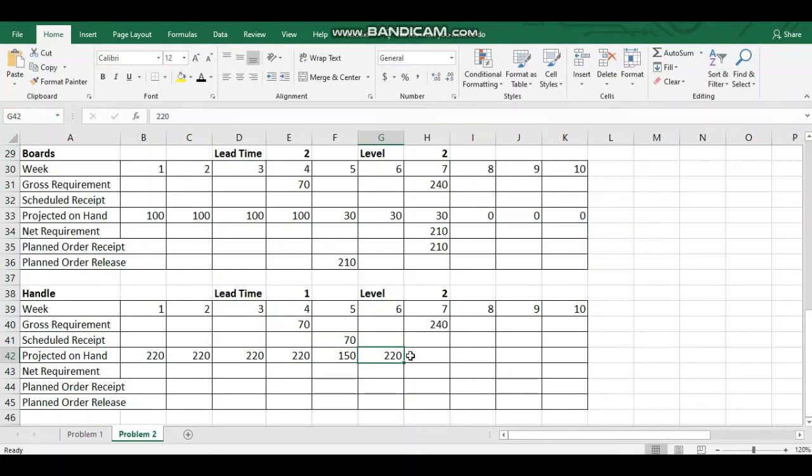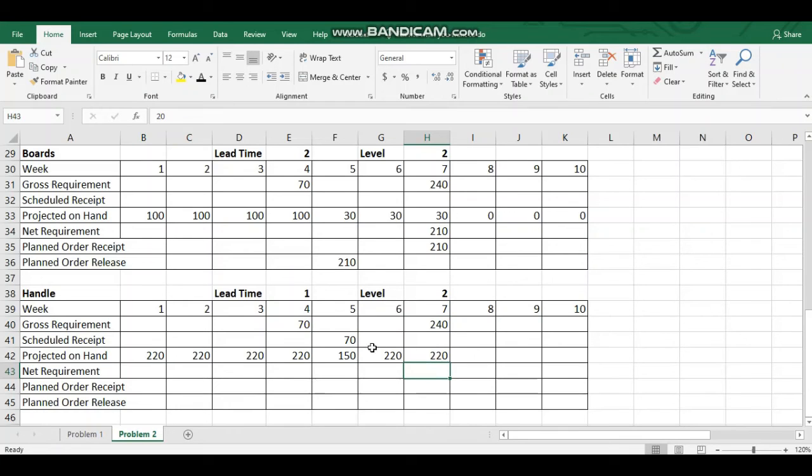Okay, so maybe I'm just gonna write down the formula. Okay, you get it from here plus here. Okay, next, in week 7 our inventory is still 220, yet our gross requirement is 240 units, so we have a shortage of 20 units.